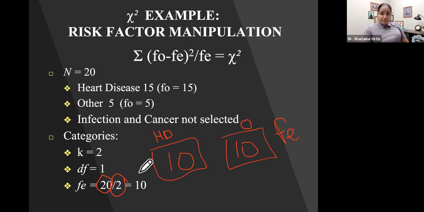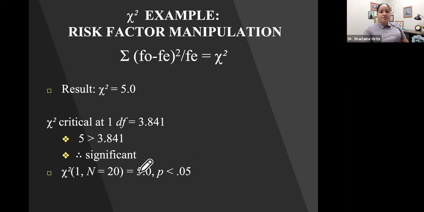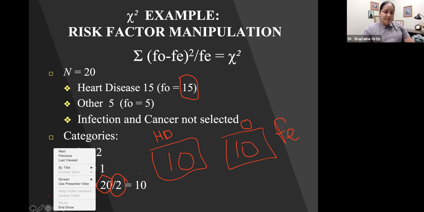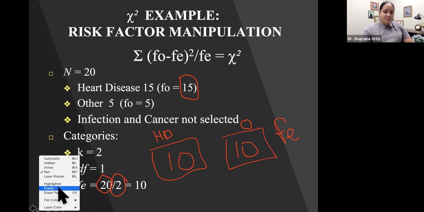However, when we look at the results, notice that we did not have that type of result. There was, in fact, a difference, because I had 15 individuals in this category. It didn't remain the same. Therefore, I have to reject the hypothesis that the frequencies are going to remain the same.